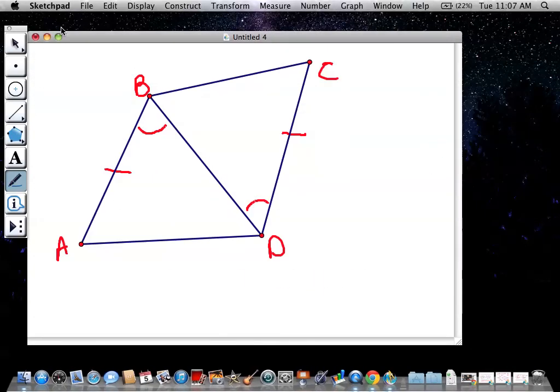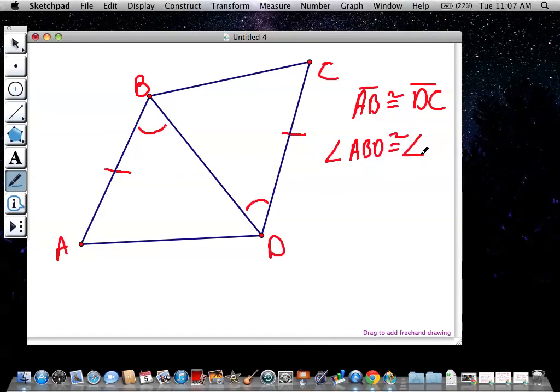Okay, example here. If I look at this triangle, I see that AB is congruent to DC, and I see that angle ABD is congruent to angle BDC.